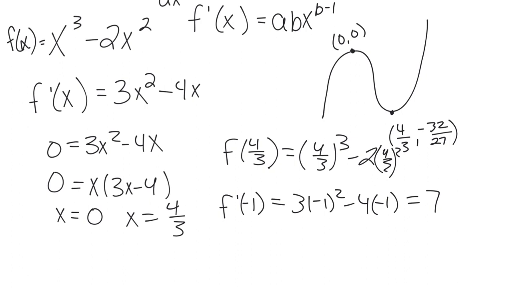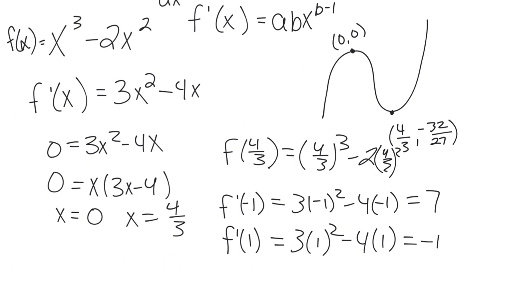Say I want to know between 0 and 4/3. Say I want to just do, how about 1? Well, that gives a negative, right? And that is on a decreasing interval, correct?